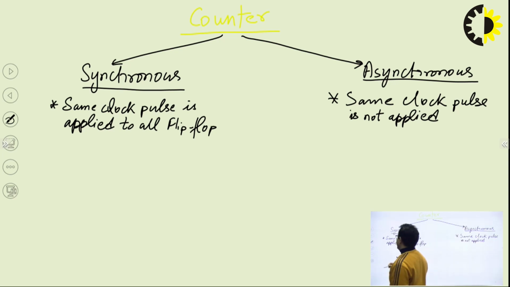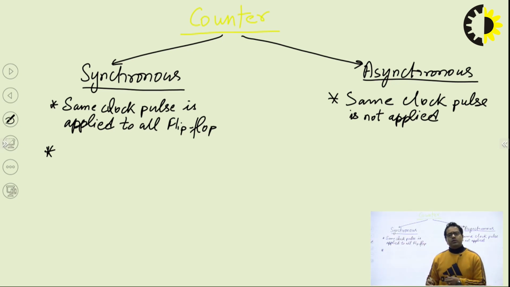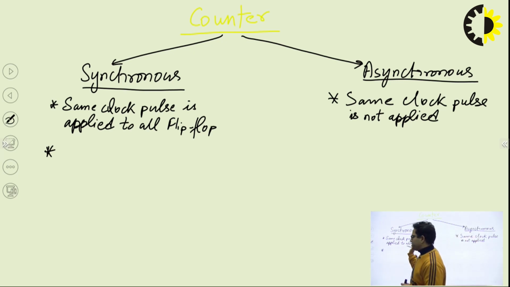Now the next point is about which one will be faster. Obviously it will be the synchronous counter, because the same clock pulse is applied, so all the flip-flops are triggered at the same time. Based upon its input combination, it will react and produce the output, so it consumes less time to produce the output in comparison to its counterpart, the asynchronous counter, which is based upon different clock pulses. If flip-flops are triggered by different clock pulses, they are not triggering at the same time, so they will not produce the correct output at the same time.